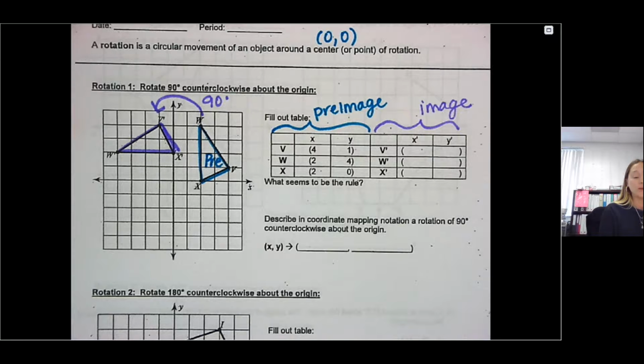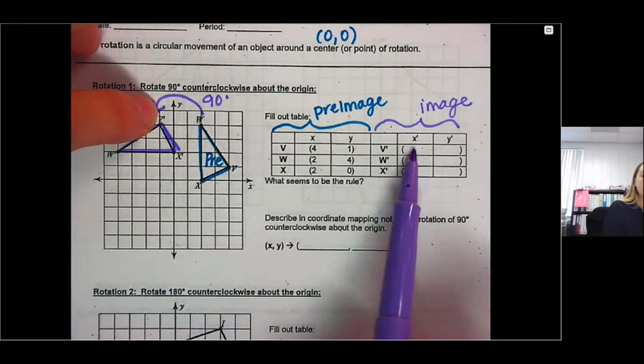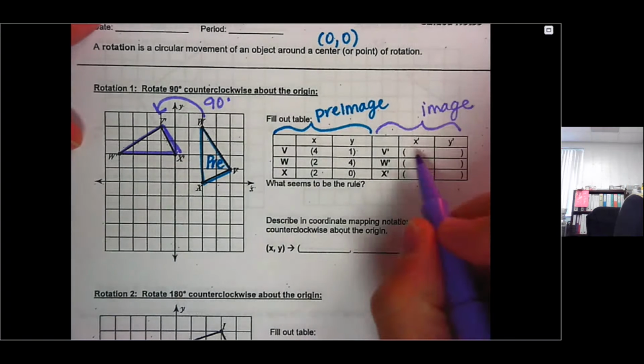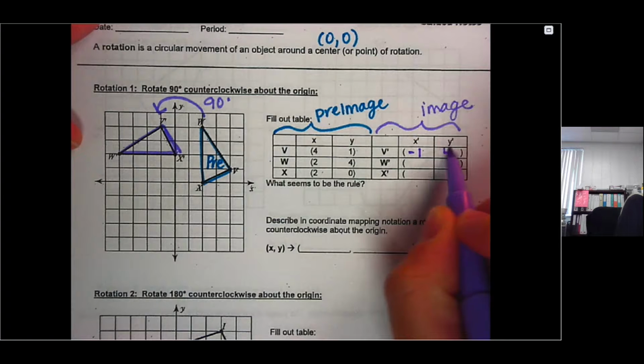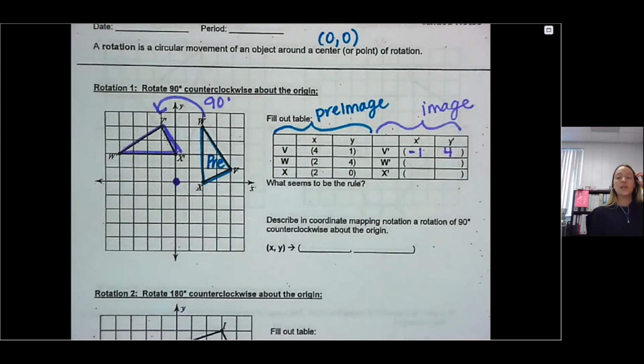That would be X prime, friend. I'm talking about V up here, the top one. V, yep, first one, V prime. -1, comma 4. And if it helps you, maybe put a point at 0, 0 to remember that's what you're rotating around. That's your center point.